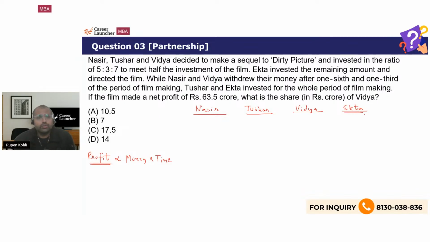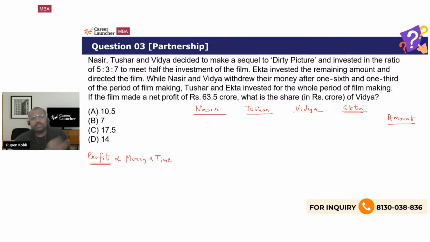Now these three people invested half the amount, the first three. Then Ekta invested the remaining. So basically, Ekta put the amount which is equal to the sum of what the other three put. So let's take numbers. Whatever, because in these questions only ratio matters.